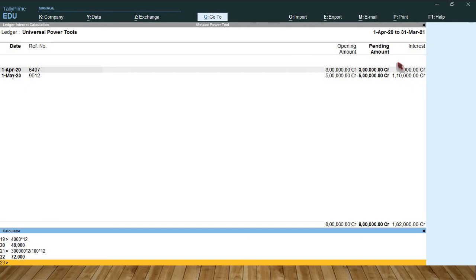That is 72,000. Right. So like that, 5 lakh into 2 divided by 100 into 11. This is May month transaction. So this is 11. So 1,10,000. Okay. So as per our configuration, interest is calculated correctly.